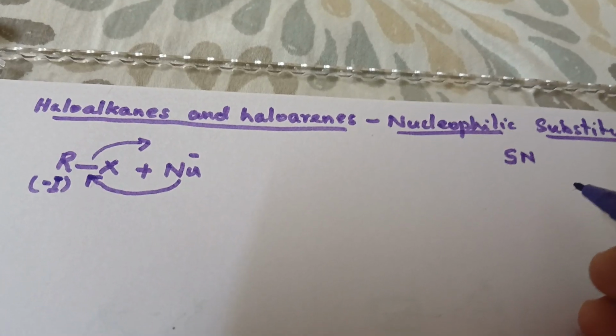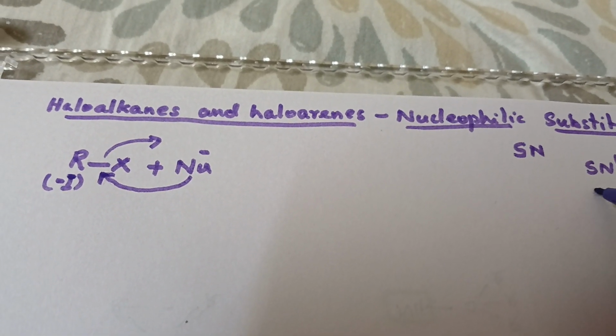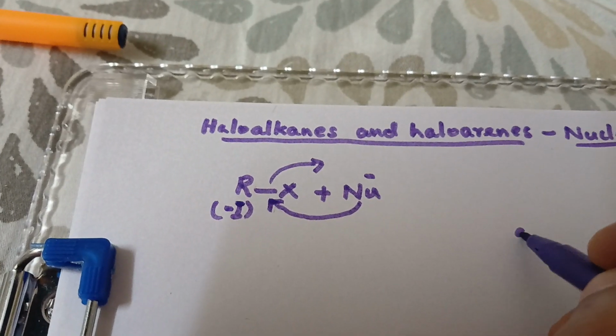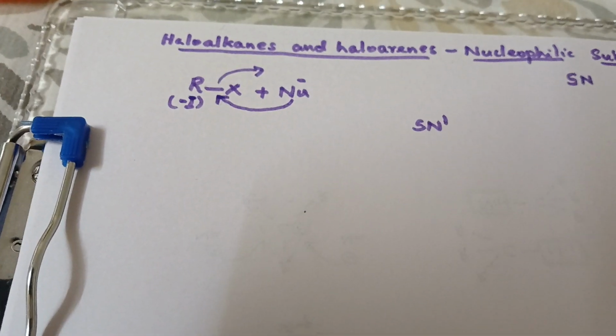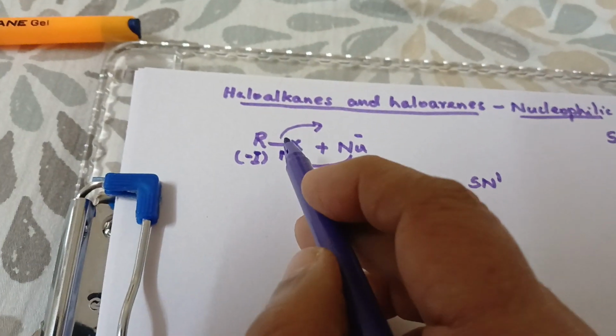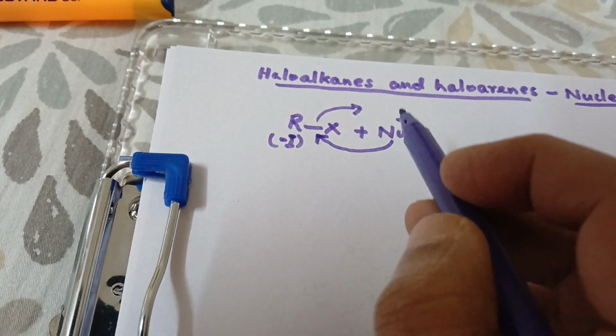We categorize SN reactions into SN1 and SN2 reactions. Let us first see SN1 reactions. SN1 reactions occur in two steps. We saw that it is the breaking of the carbon halogen bond. That is the first step.